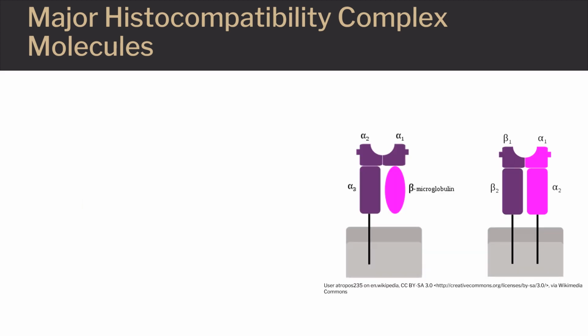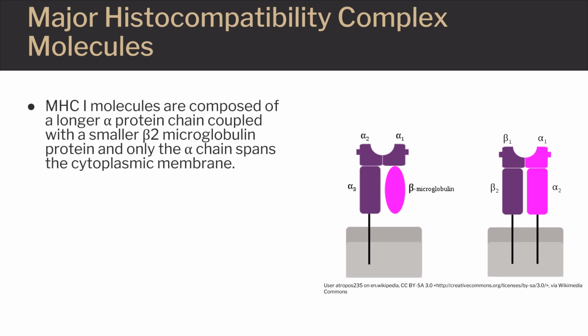Both types of MHC molecules are transmembrane glycoproteins that assemble as dimers in the cytoplasmic membrane of cells, but their structures are quite different. MHC1 molecules are composed of a longer alpha protein chain coupled with a smaller beta-2 microglobulin protein, and only the alpha chain spans the cytoplasmic membrane.